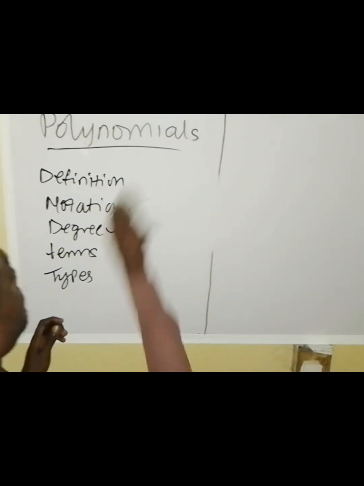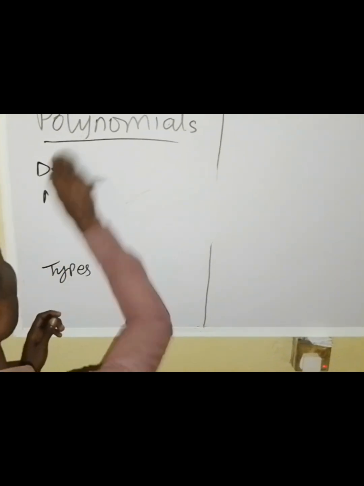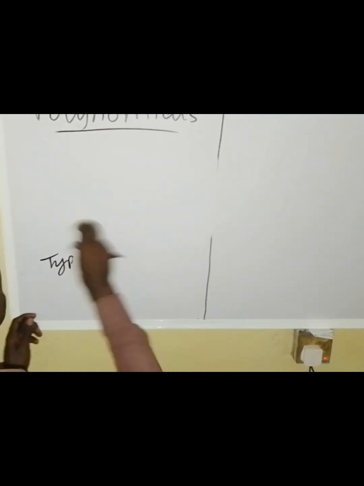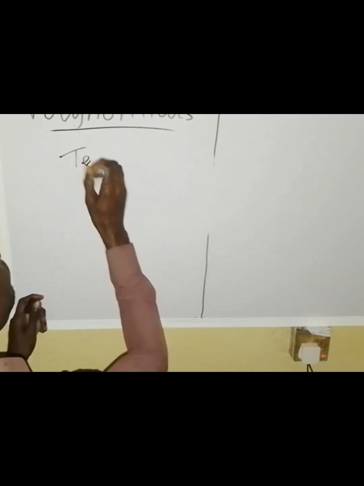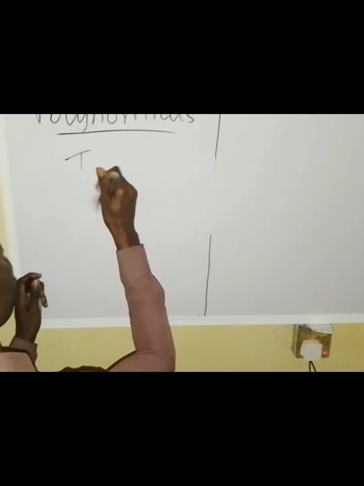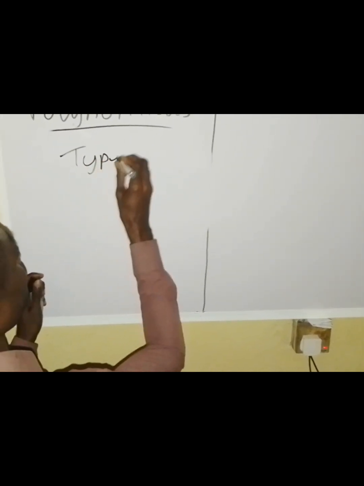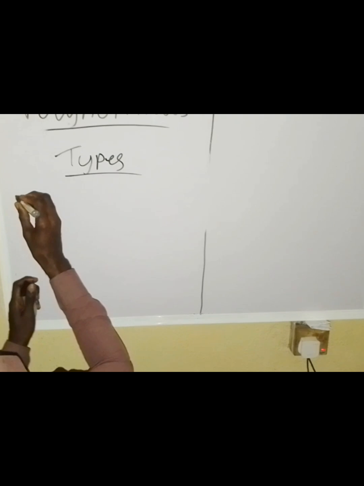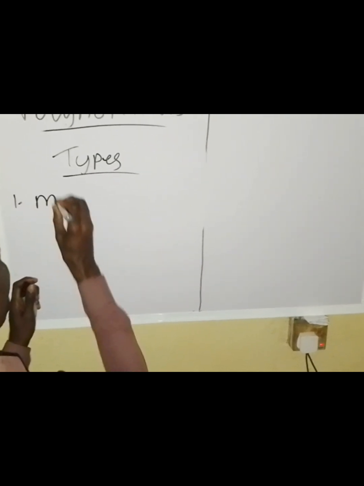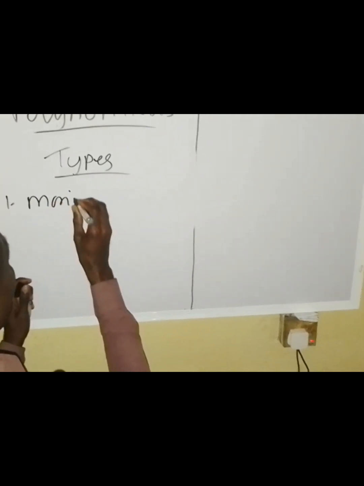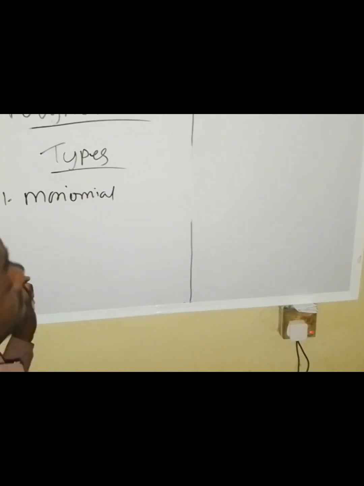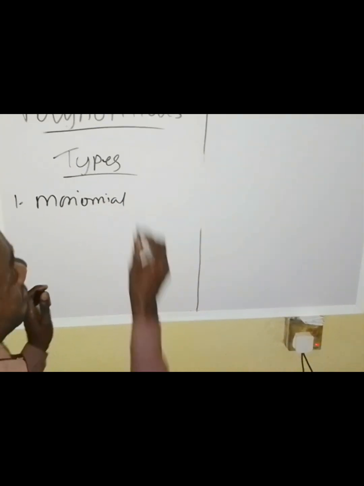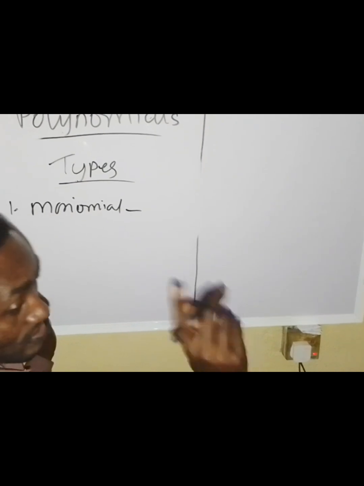Now we talk about types of polynomial. First one, we have monomial. Just as the name implies, when they say something is mono, you're talking about one.